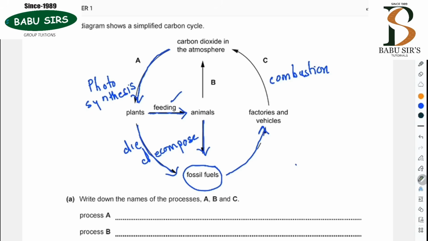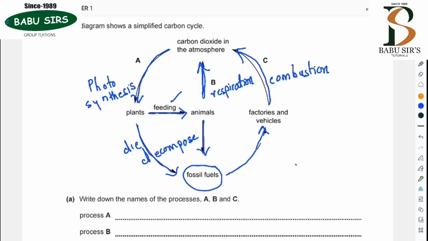Now, this part is combustion. This part is remaining. This part means how animals transfer carbon dioxide into the atmosphere by respiration. Plants take in oxygen and give out carbon dioxide.